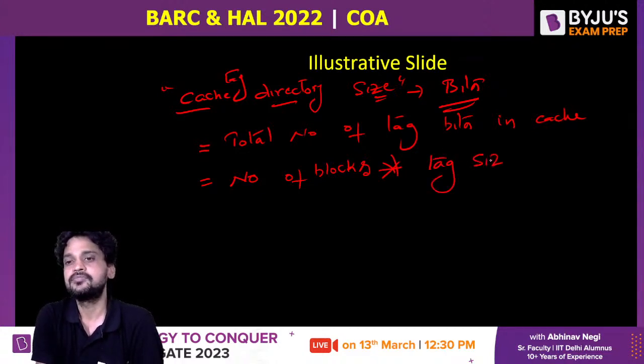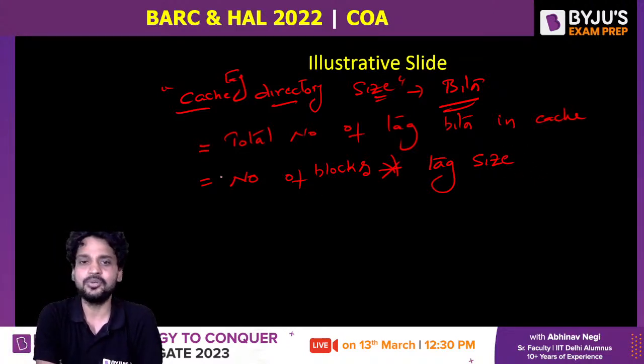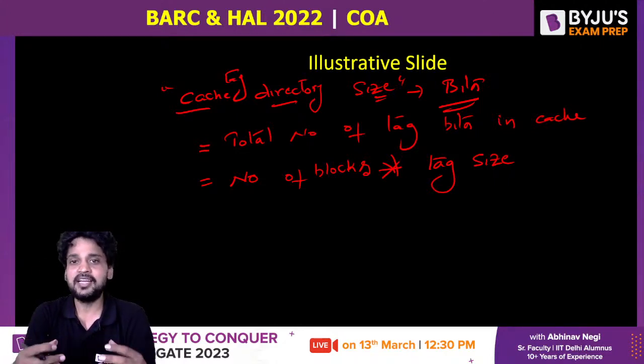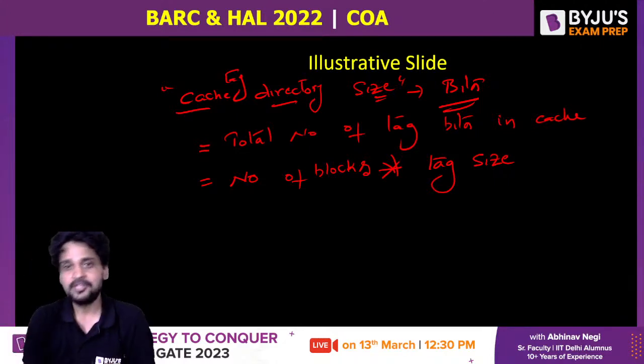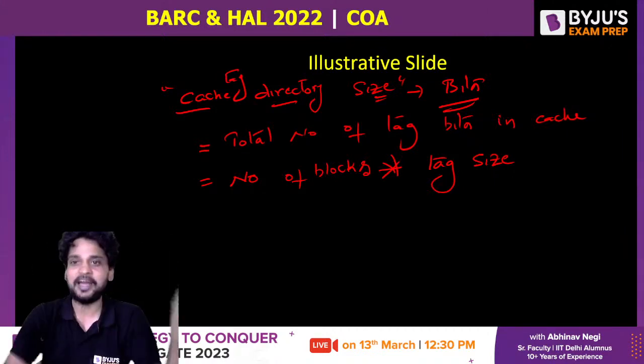Sometimes we will have some additional bits. That additional bit should also be added to the tag. So this will be the important point that you need to know. Only the cache tag directory will be maintained bitwise, not bytewise. You will measure the total tag directory size in terms of bits, not bytes.